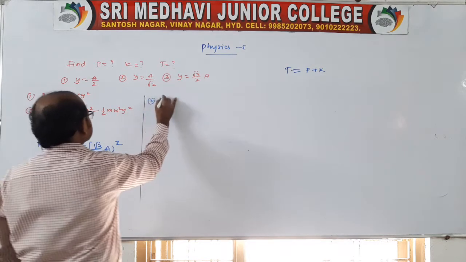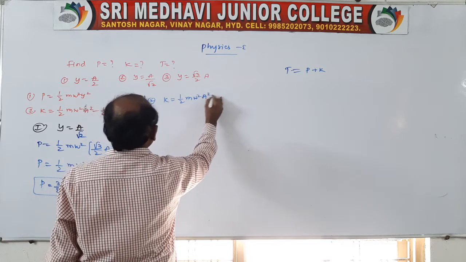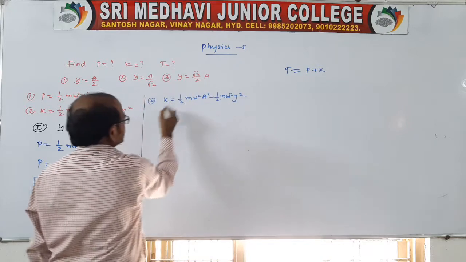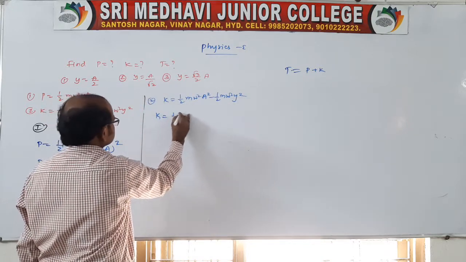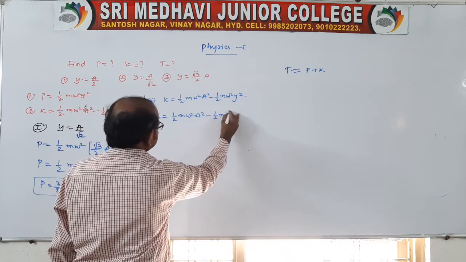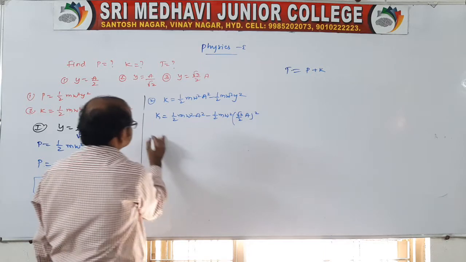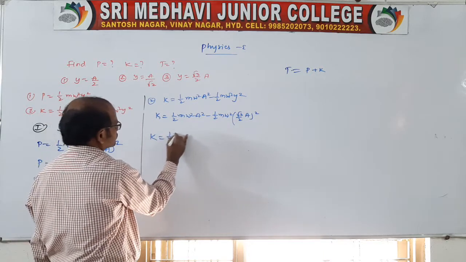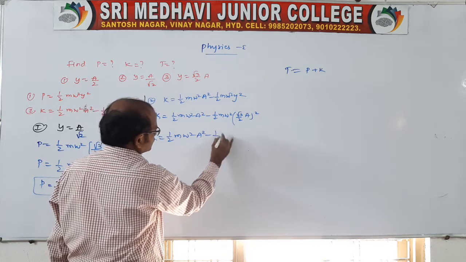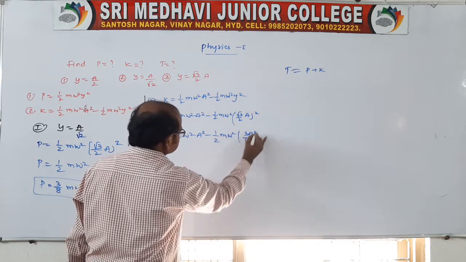You have to take kinetic energy: 1 by 2 m omega square a square minus 1 by 2 m omega square y square. So y will be, you look at, 3a square by 4 again.